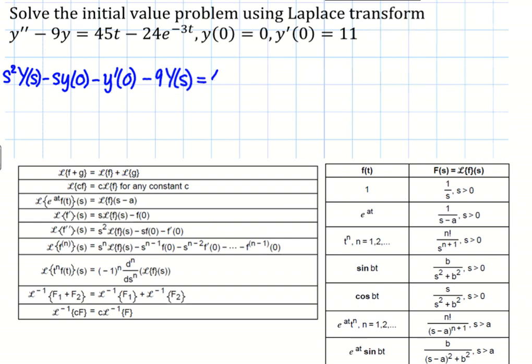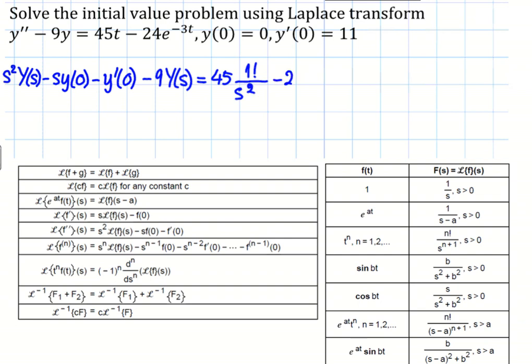On the right hand side we have 45 times the transform of t. We use this formula, and so we have 1 factorial over s to the 1 plus 1, so s squared.